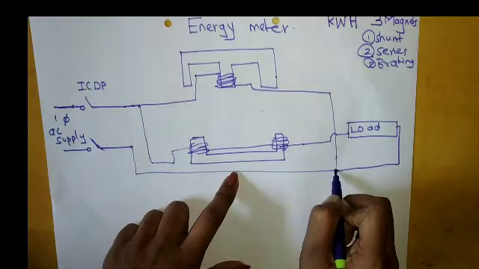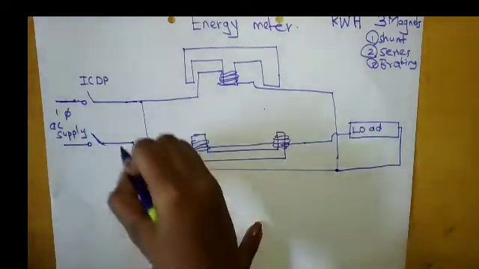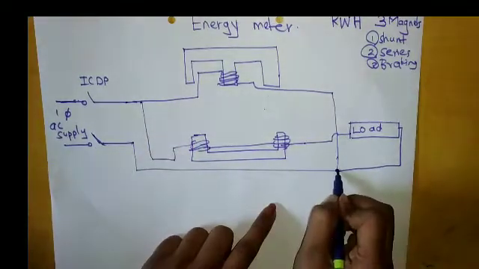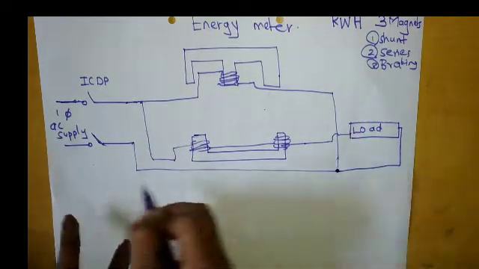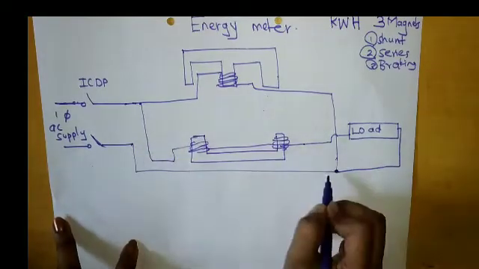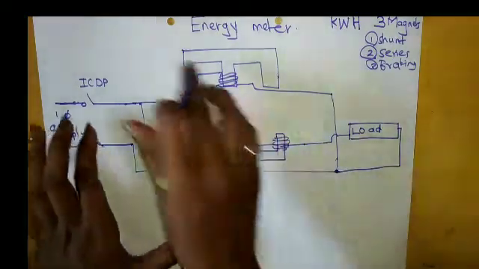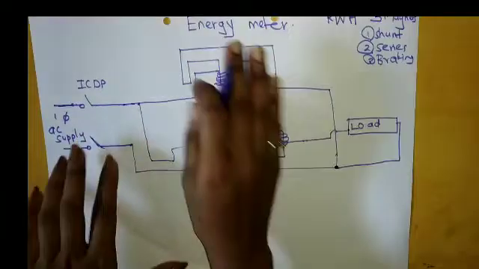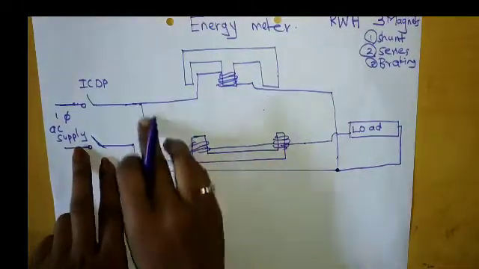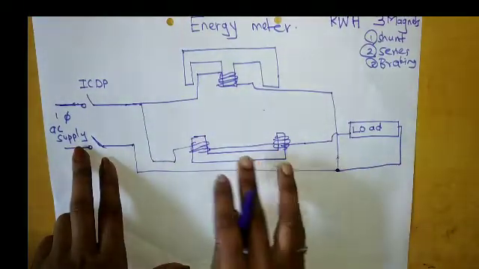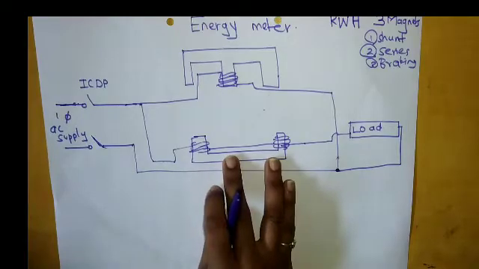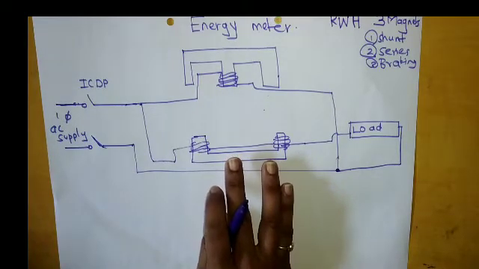I can connect it here directly because this is going to neutral. So this is the shunt magnet, and this is our series magnet, with the load given in series with the series magnet.